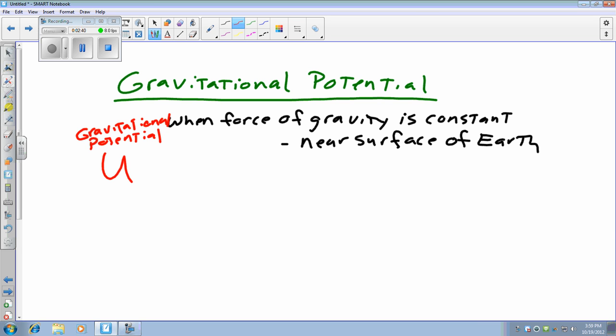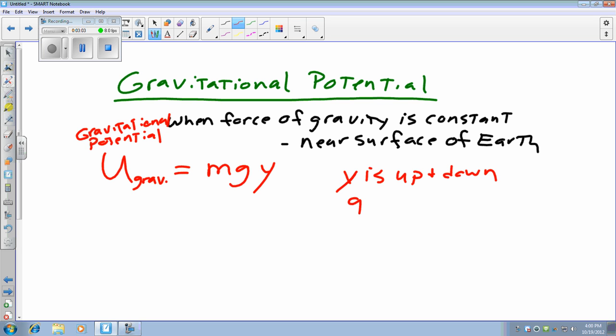Now, U grav is equal to mgy. Assuming that y is up and down, we're using the letter y to represent the height, so mgy.